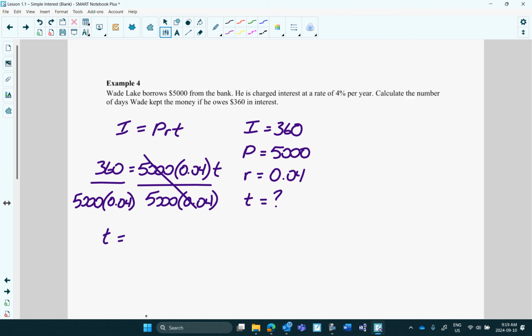And that's going to tell us our time, which works out to, round it, 1.8 years.